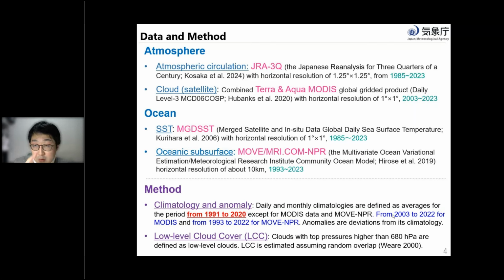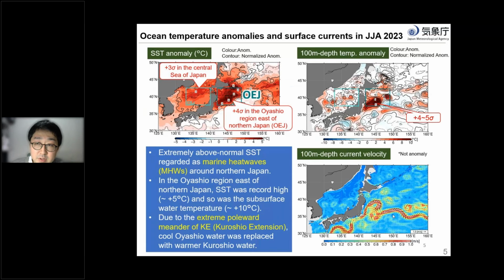So from now, I would like to show our results. These figures show SST, 100-meter depth ocean temperature anomalies, and ocean currents in JJA 2023.